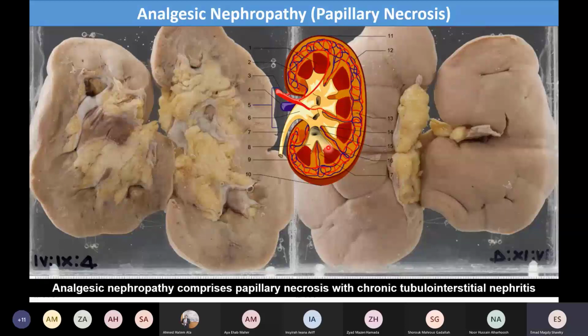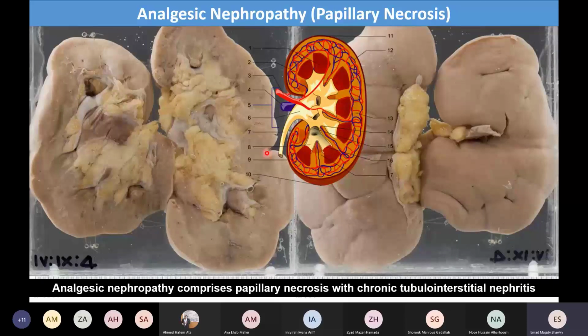One of the effects of chronic nonsteroidal use is what is called, an old term now, analgesic nephropathy. Analgesic nephropathy is a combination of chronic interstitial nephritis and papillary necrosis. This is the cause of the renal papilla.